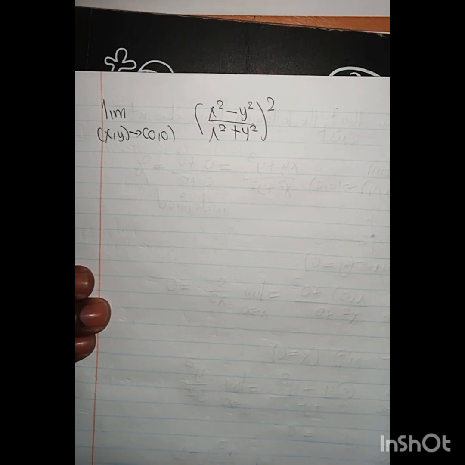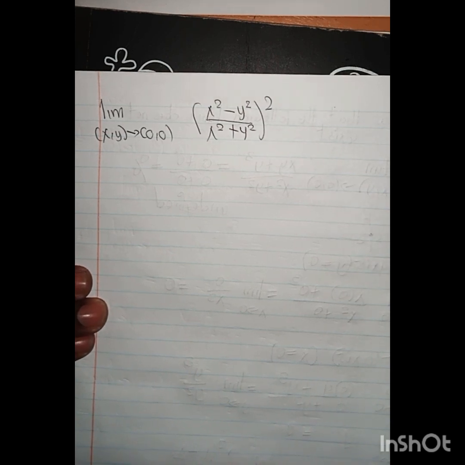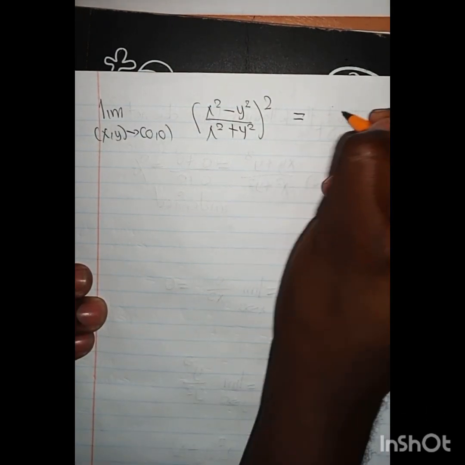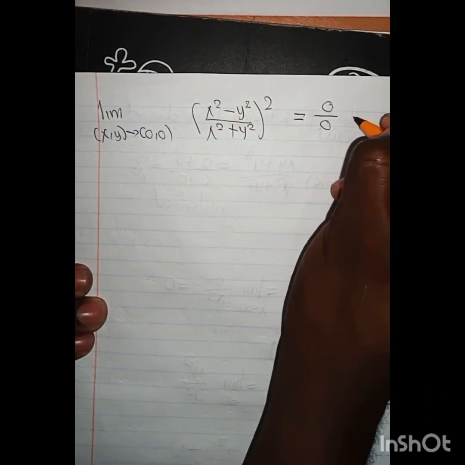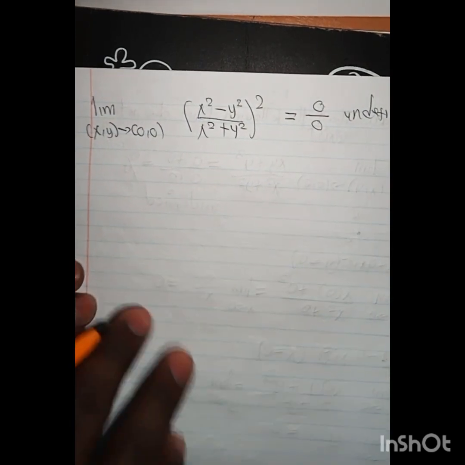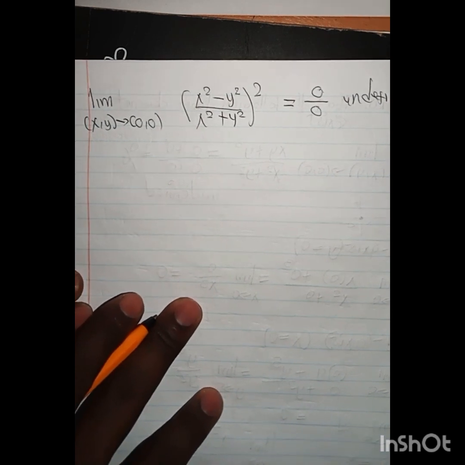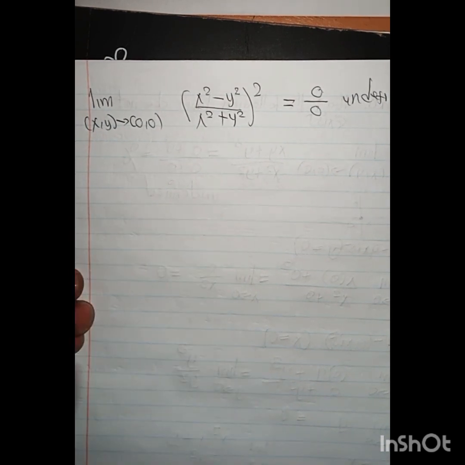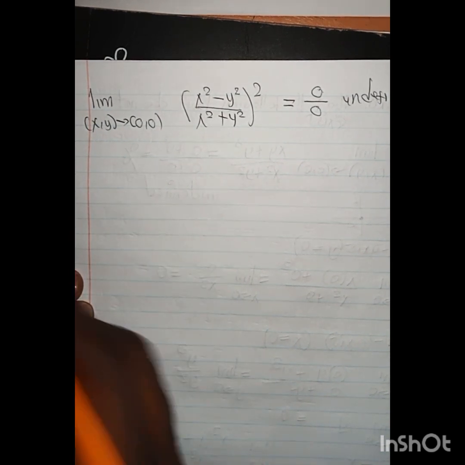Remember, when we want to solve these limits, we first do the direct substitution. This limit doesn't exist, all we have to do is prove it. When we try direct substitution, we will have 0 over 0, and 0 over 0 is undefined. Therefore, we are going to prove that this limit really doesn't exist.